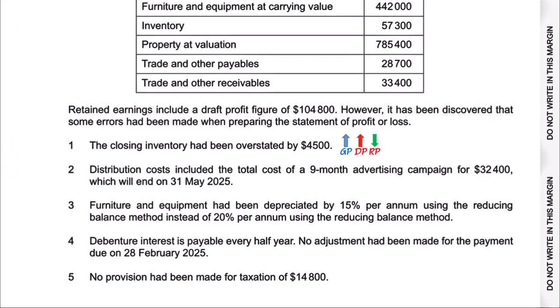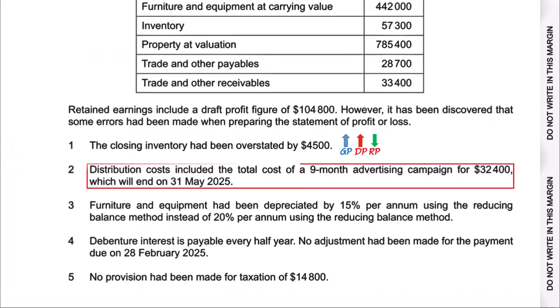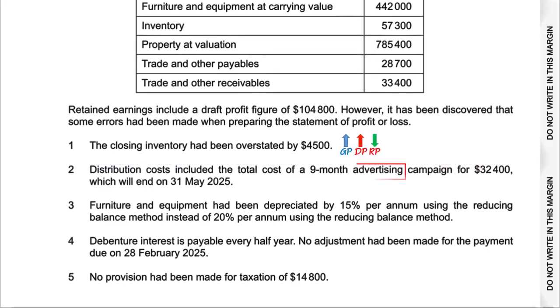Right. Error number 2 is distribution costs included the total cost of a 9-month advertising campaign for $32,400, which will end on 31 May 2025. This means that these advertising expenses of 9 months related to the period up to 31 May of the next year.